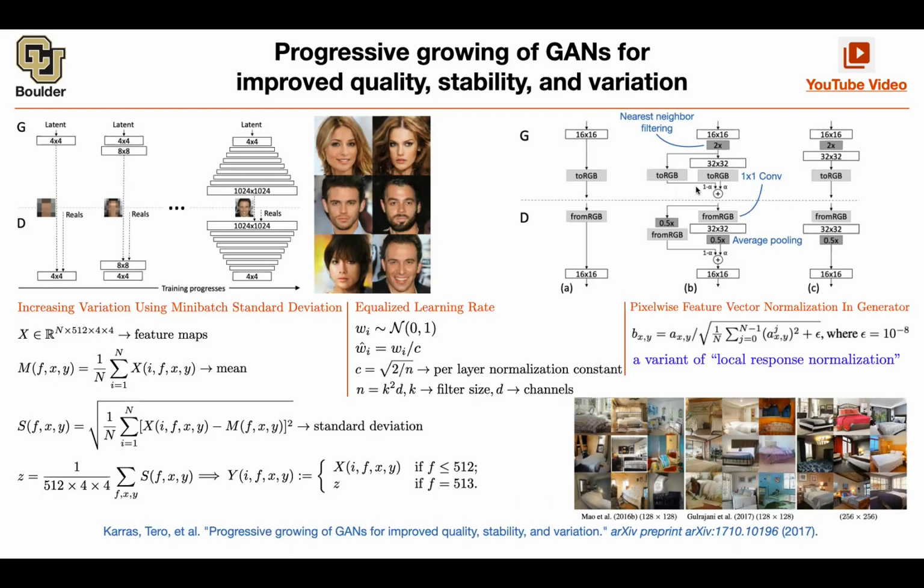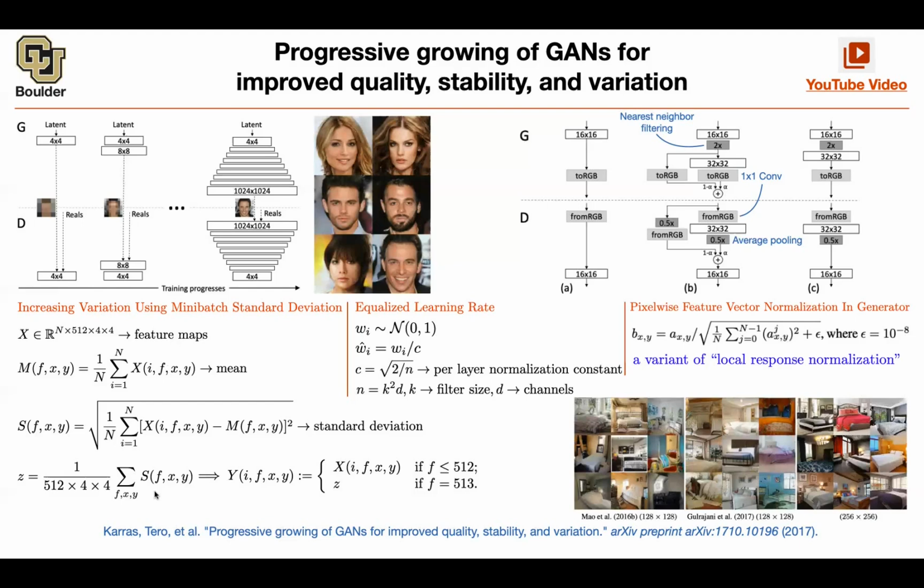But then you gradually increase alpha. You give it a schedule, like a learning rate schedule. You're going to have a schedule for alpha. And after a couple of iterations, you're going to set alpha to be 1, and you're forgetting the other route. And then you gradually introduce this 32x32 layer. That's the idea, the big picture.